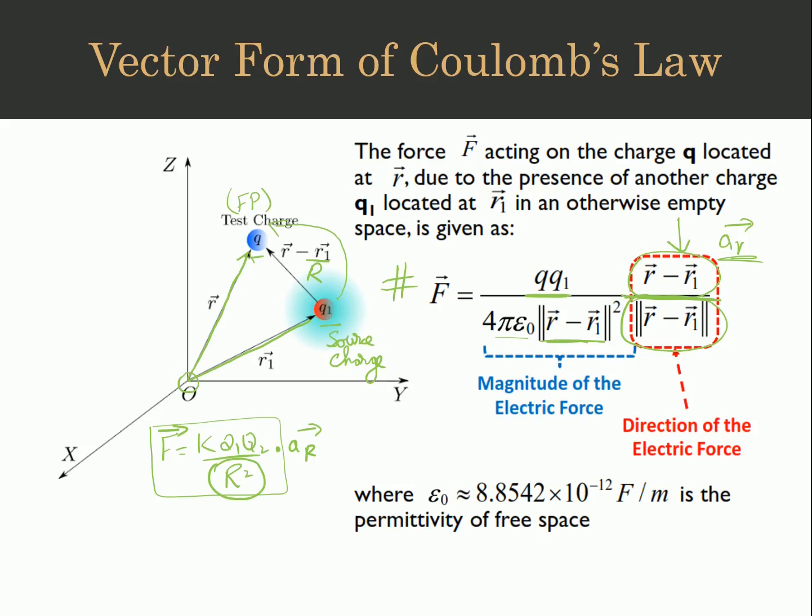So another way of writing this, the effect of q1 on q, can also be that F is equal to the force applied on q by q1 is equal to 1 by 4 pi epsilon naught q1 q2 divided by r square into a of r.